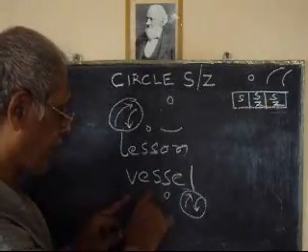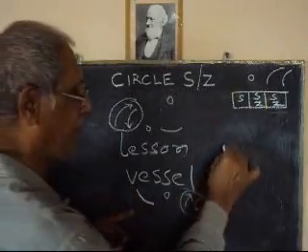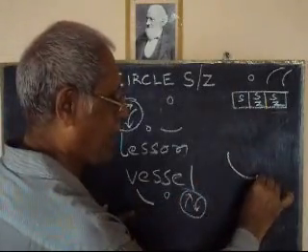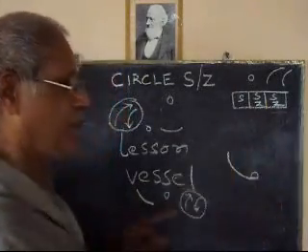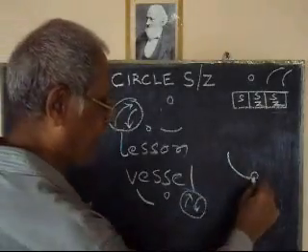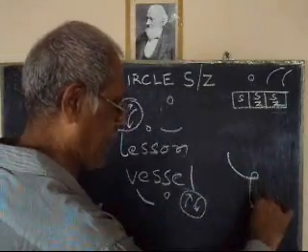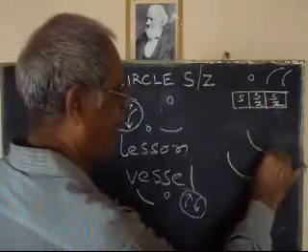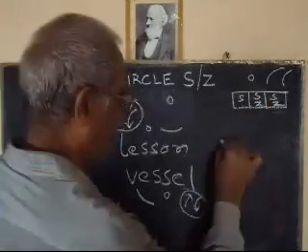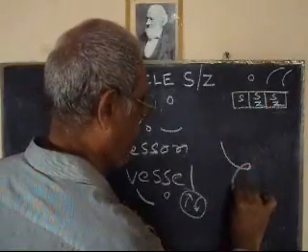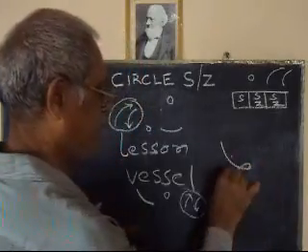So this is attached with V. See? Where? So now L has come. So write L like this. Vessel.